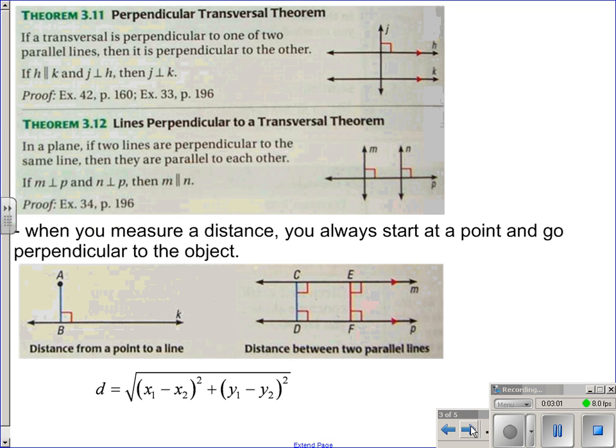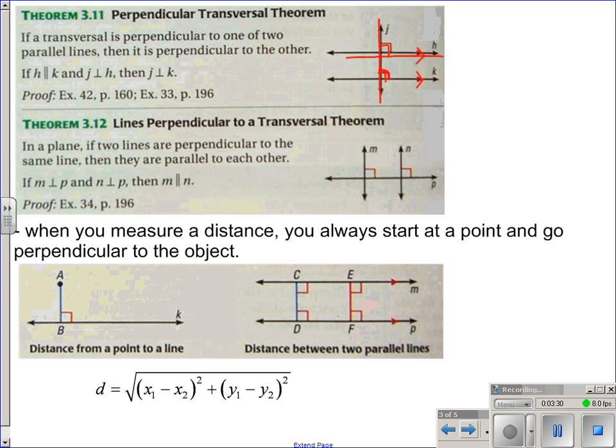So you've got line J, it is perpendicular to line H. Now, if line H is parallel to line K, then corresponding angles are equal. So that means this is another right angle down here, and so line J has got to be perpendicular to line K. So if you've got parallel lines and that transversal is perpendicular to one of those lines, it's going to be perpendicular to the other parallel line.